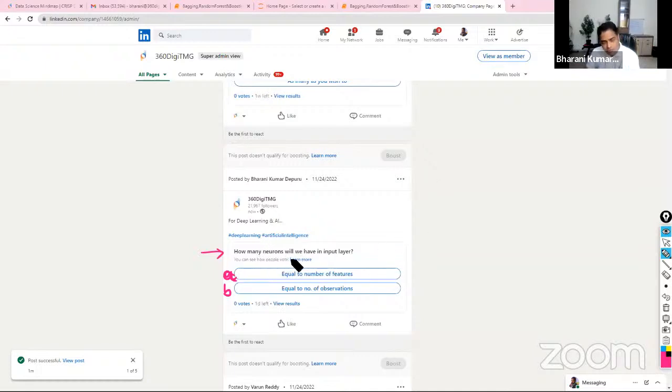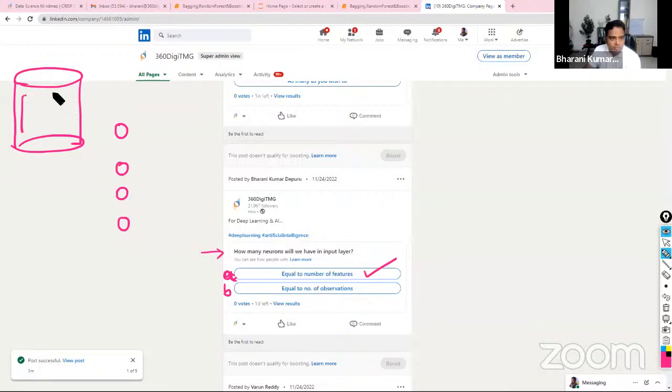So the number of neurons in the input layer will be equivalent to the number of features, my dear friends. Yesterday we already discussed that if you have an output variable and input variables, x1, x2, x3, x4, if you have 4 inputs, you'll have 4 neurons.